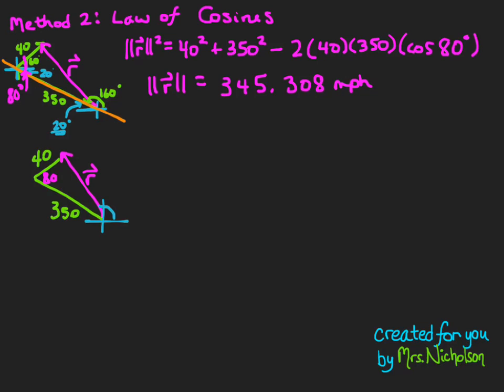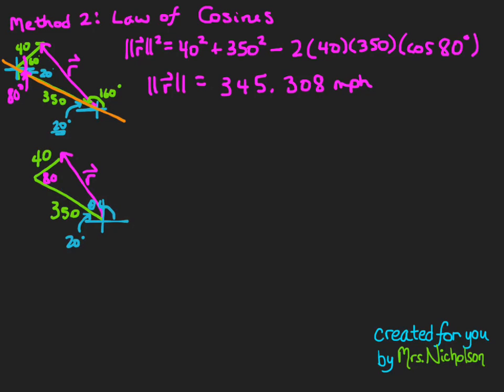I need this direction right here. I know that this angle here is 20 degrees, and so if I could find this angle right here inside our triangle, then I could add those two together and subtract from 180, and that would give me my direction of the resultant vector. So let's find that angle.